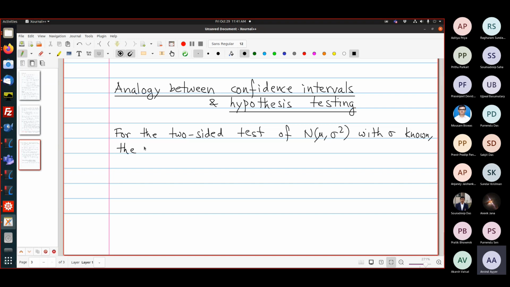The 100(1 minus alpha) percent confidence interval for mu was x bar minus z alpha by 2 sigma by root n to x bar plus z alpha by 2 sigma by root n, right?